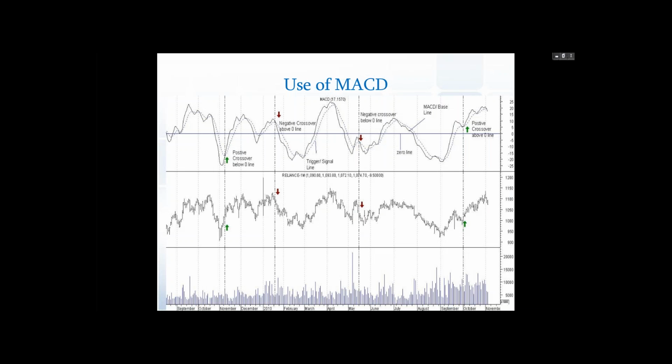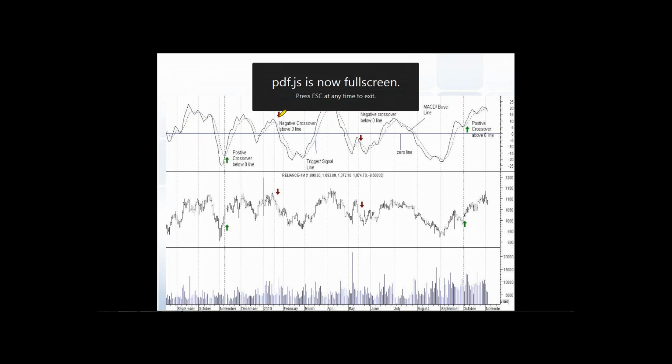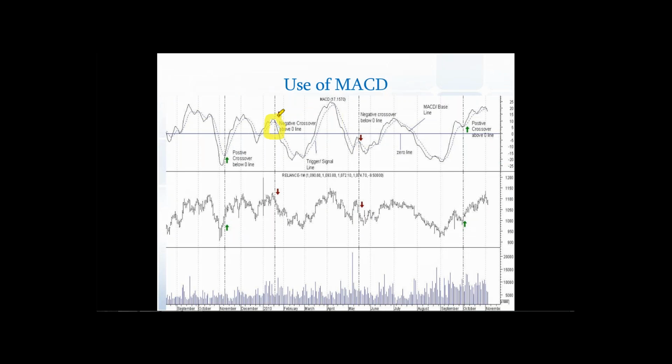So let me show you practically. The upper quadrant is of MACD and the second quadrant is of the stock, which is Reliance out here. Whenever there is a negative crossover, where the darker line, the baseline, crosses below its moving average, it gives a sell signal, as you can see out here.